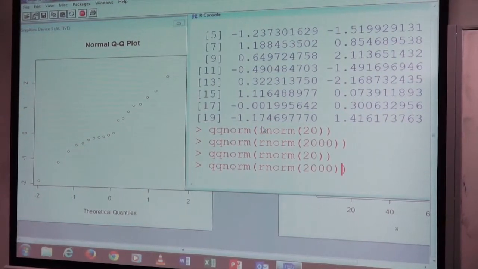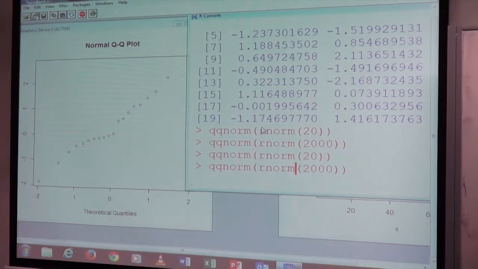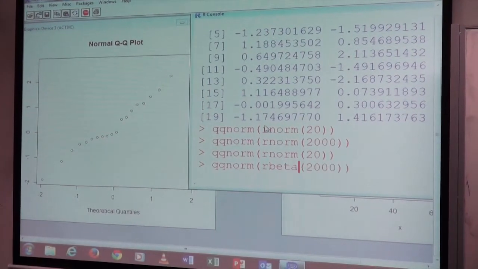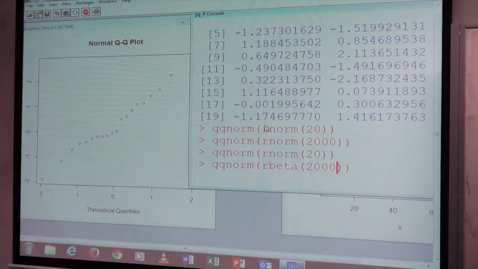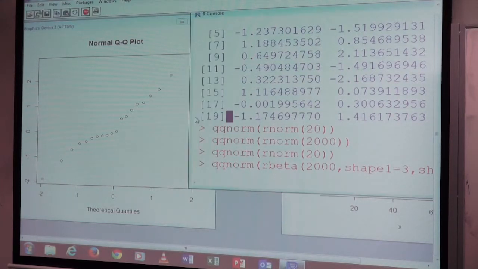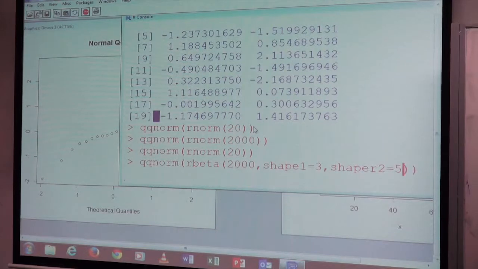I'll show you what happens if the data is not Gaussian. You'll remember shape 1 and shape 2 from the beta distribution.